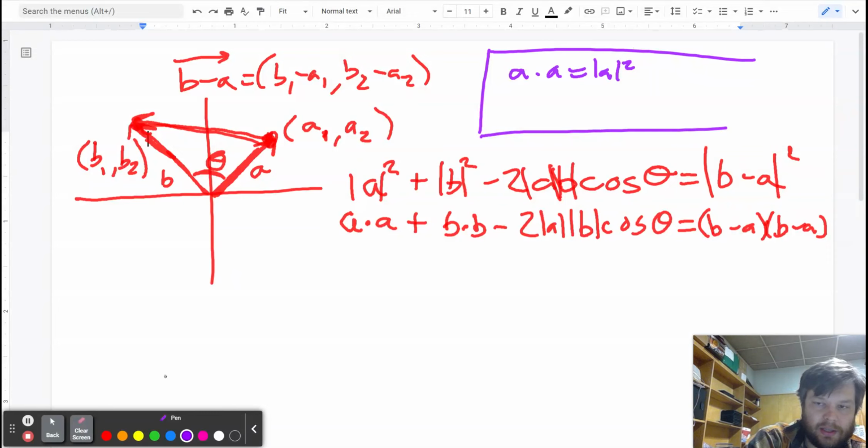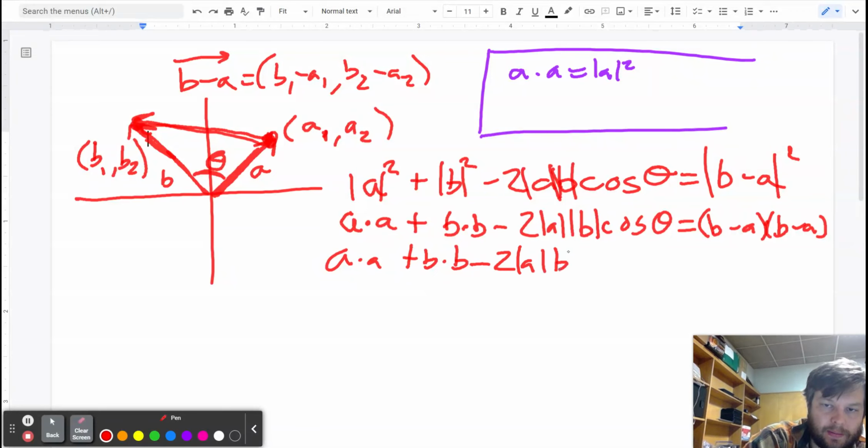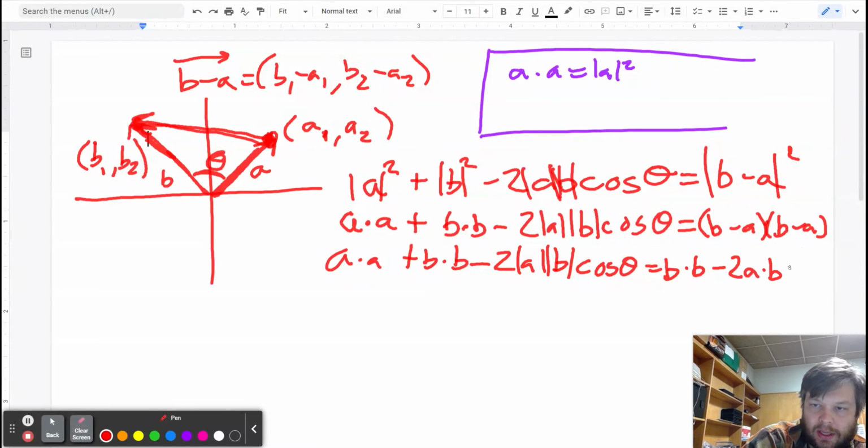Then if I distribute out b minus a and b minus a, I'll get a dot a plus b dot b minus 2 magnitude a magnitude b cosine theta equals b dot b minus 2 copies of a dot b plus a dot a.